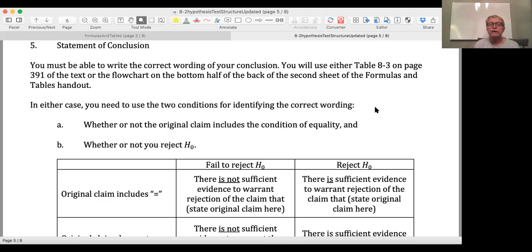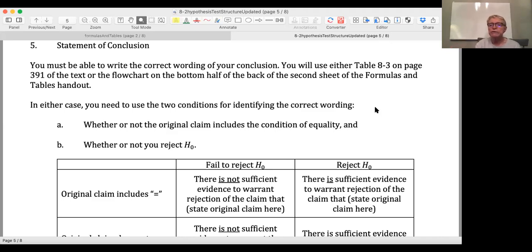And we also need to know, did the original claim include equality, or did it not include equality? Remember, less than, greater than, and not equal do not include equality. Equal, less than or equal, greater than or equal do include equality, okay?